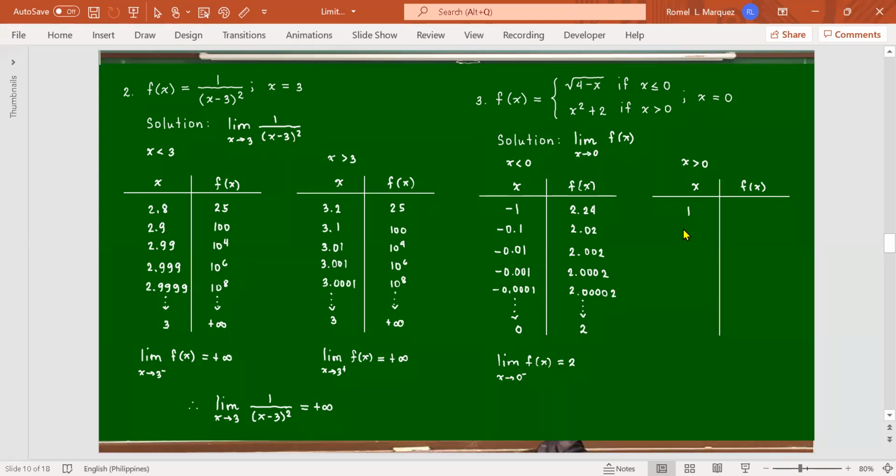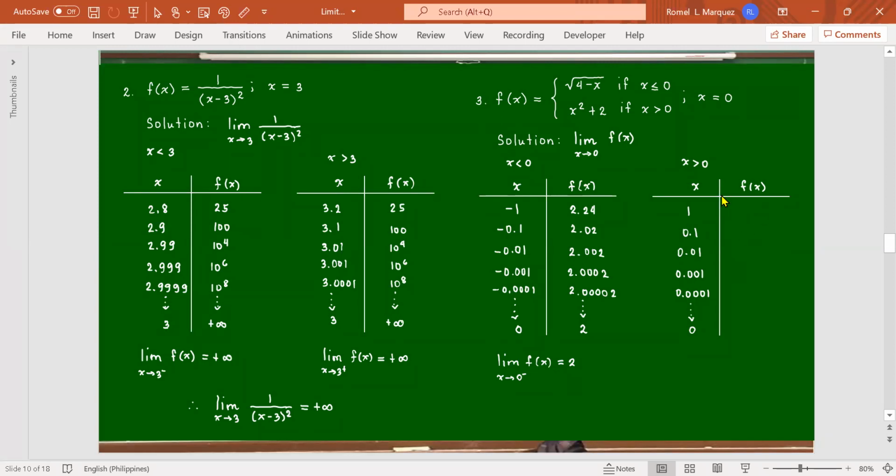And then 0.1, 0.01, 0.001, and then let's have this last one, 0.0001. Okay, guys? And then let's see what happens as it gets closer and closer to 0.